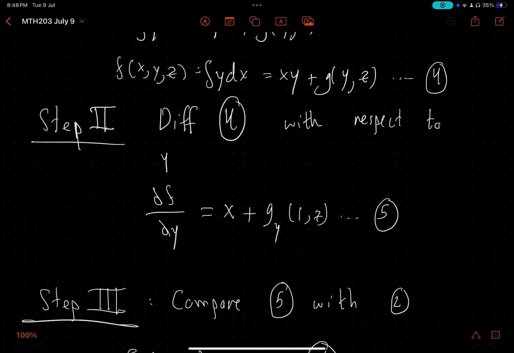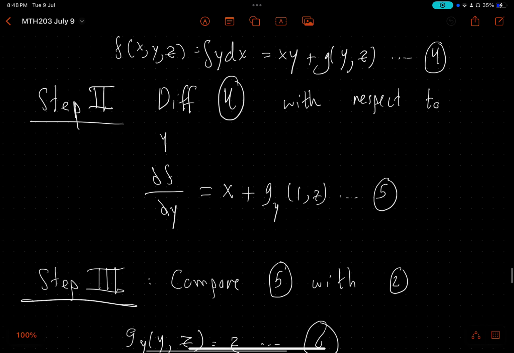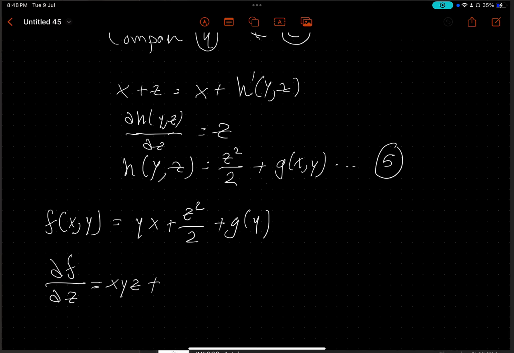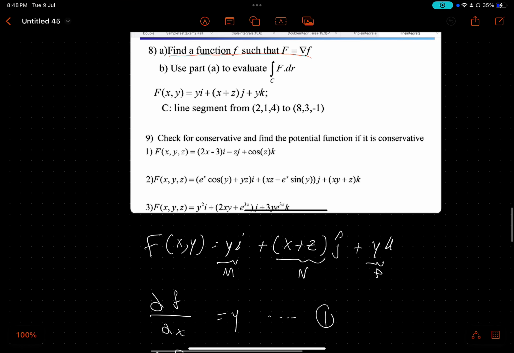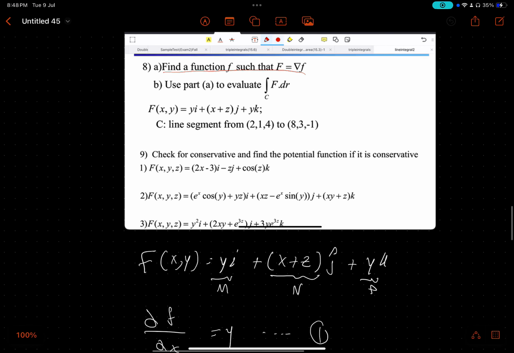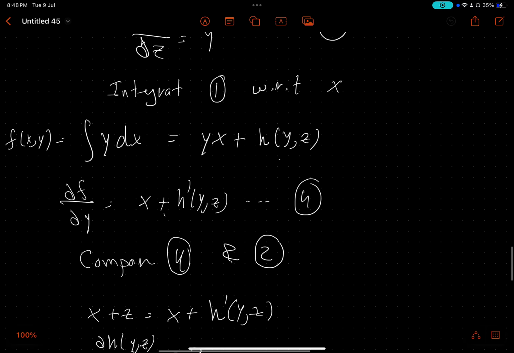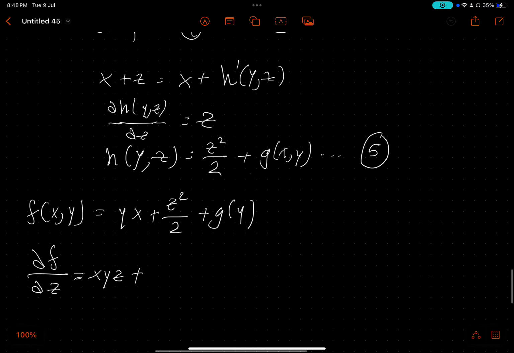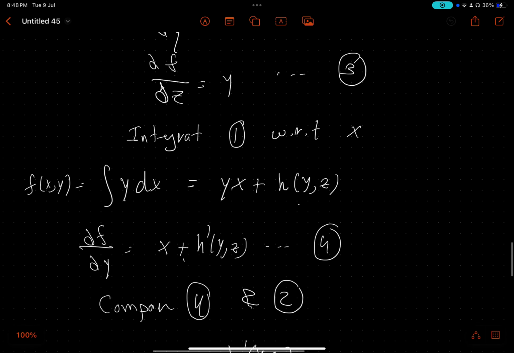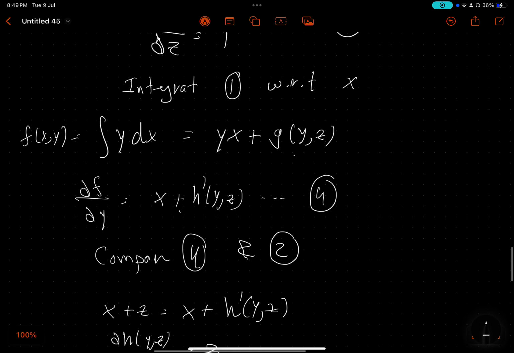And basically he assumed y is 1. For some reason he assumed y is 1. Why is that? Let's check. Do you have it specified that y is 1? So here, yeah, we had it right. So g of y, okay, and then he had g with respect to y.